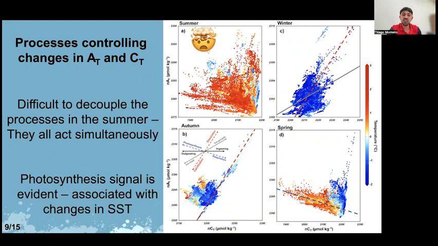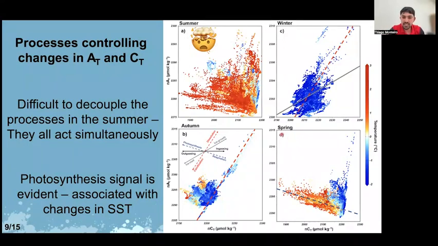And we can see this more clearly during the spring, because during the spring we have a completely different environment scenario in the beginning of the spring when we compare to the later spring, for example, to December.